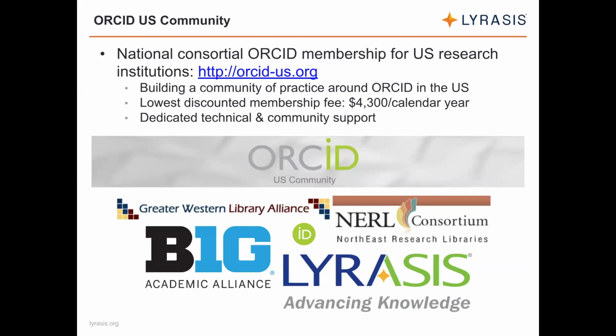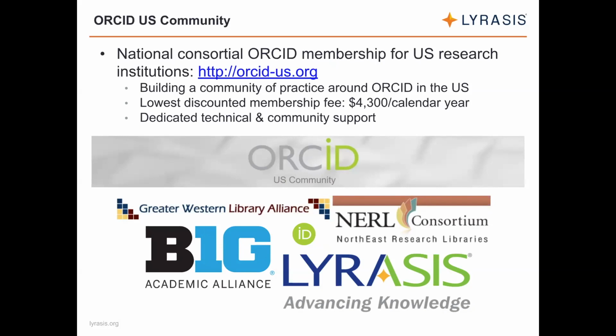The community was formed in early 2018 as a partnership between the Greater Western Library Alliance, known as GWLA, the Northeast Research Libraries, NERL, the Big Ten Academic Alliance, and Lyrasis. These groups came together to form a national partnership to provide dedicated technical and community support for ORCID member institutions at a substantially reduced rate.